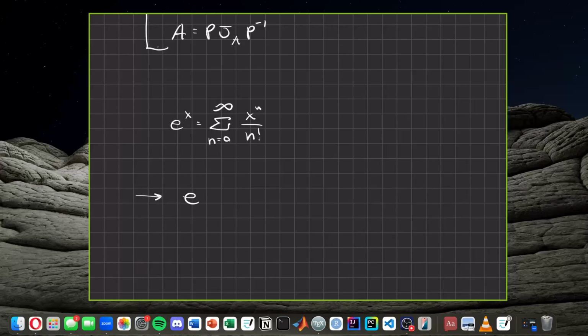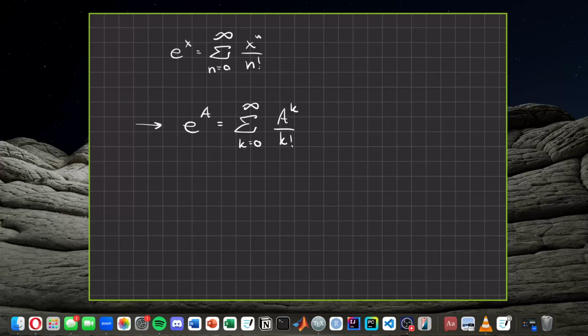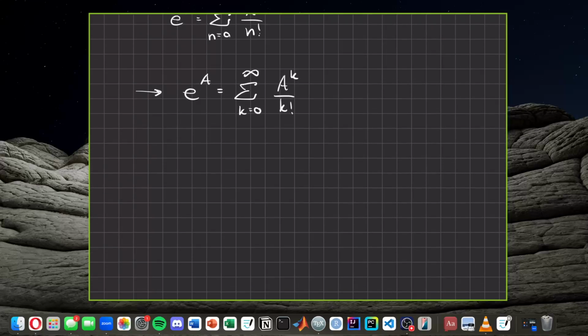Specifically, we're considering the matrix e to the A, and this is just the sum, let's use a different index, k equals 0 to infinity, of the matrix A to the k over k factorial. So this is a really cool translation. This should be very intuitive, and the fact that we can do it is pretty cool considering that we're dealing with matrices, which of course are way different than scalars. And so now let's reconsider.